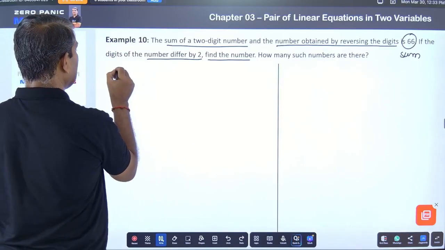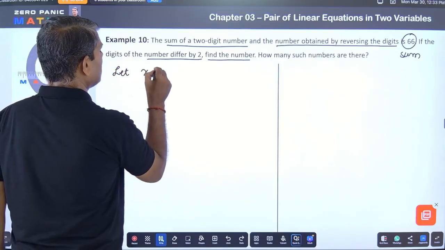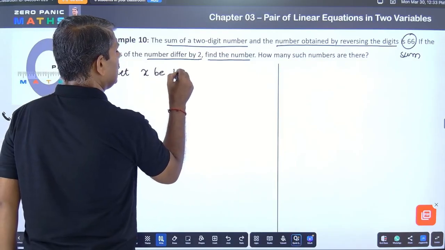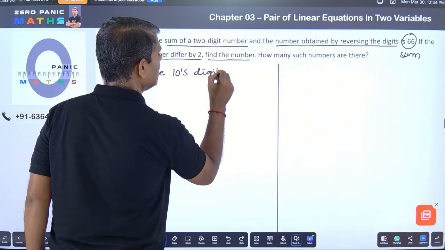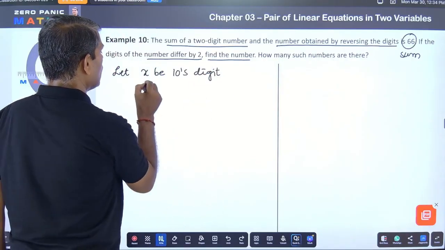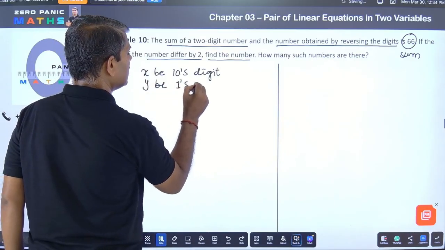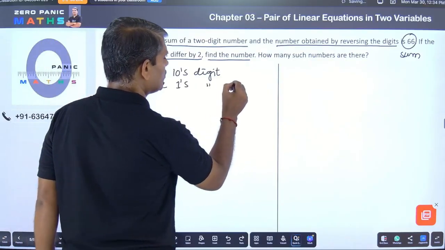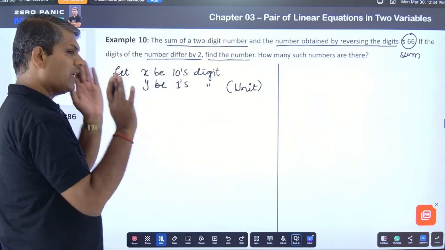Let x be the tens digit and y be the ones digit. Ones digit is actually the unit position, you remember that.